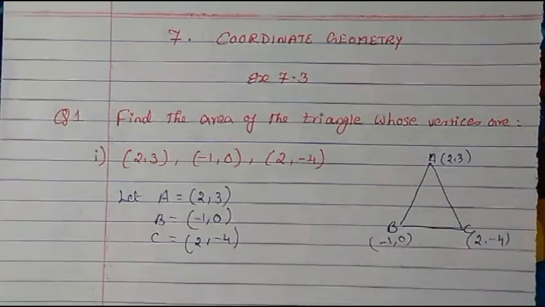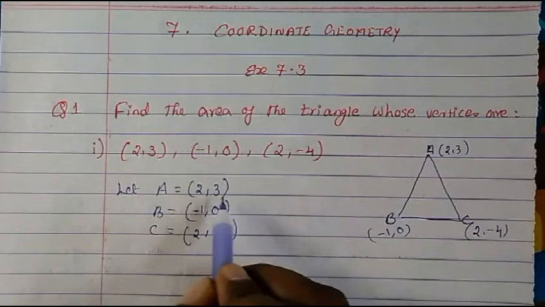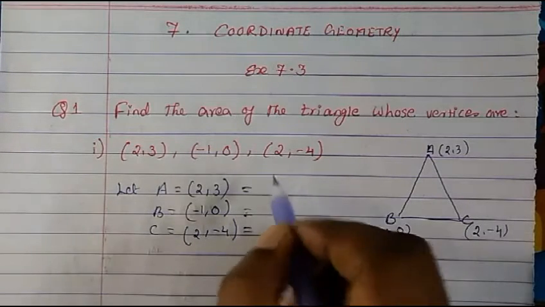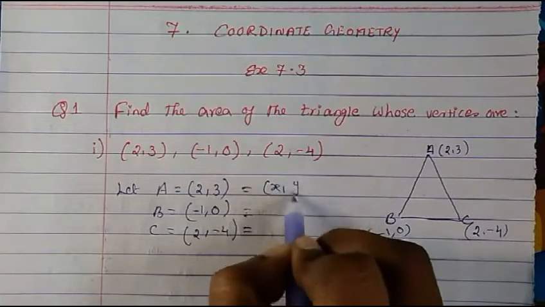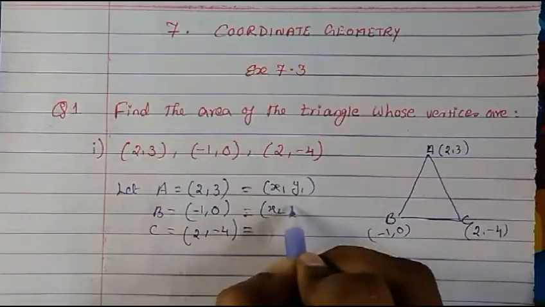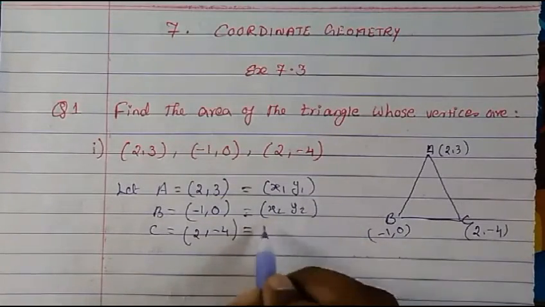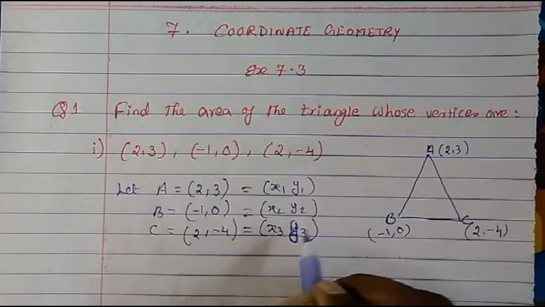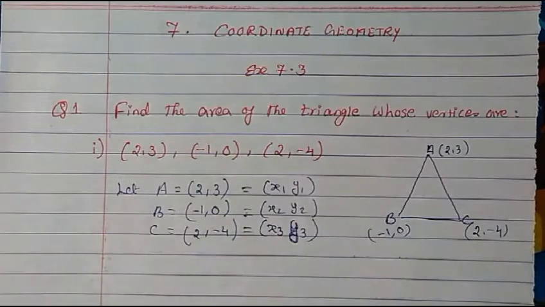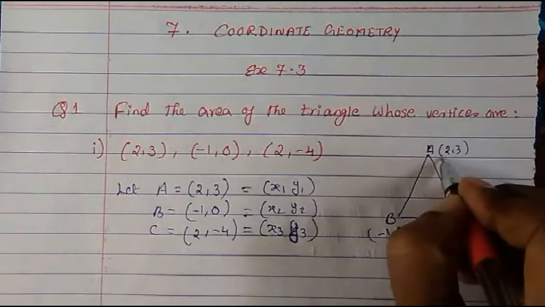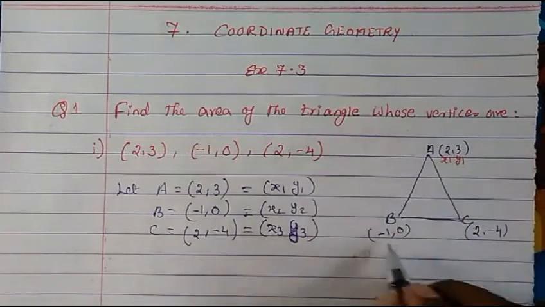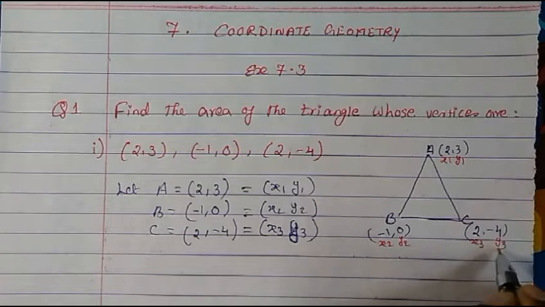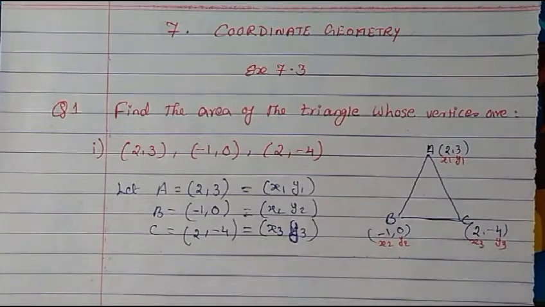We give another name for these: x1, y1, x2, y2, x3 and y3. So this becomes x1, y1; this x2, y2; and x3, y3. That's how we consider.